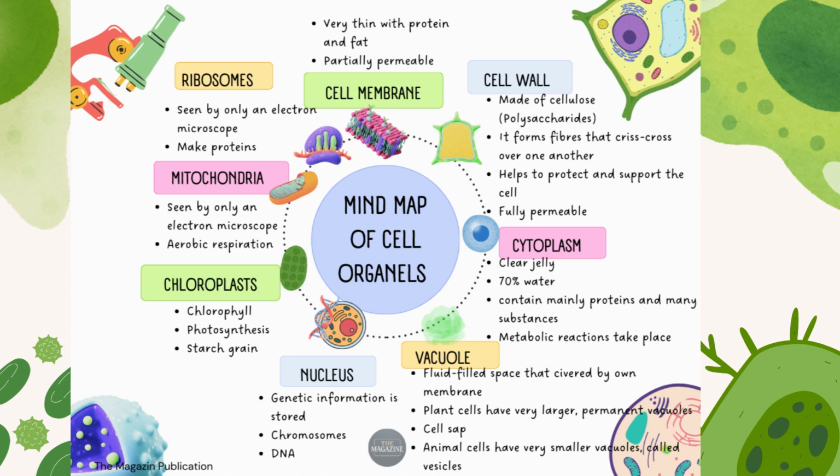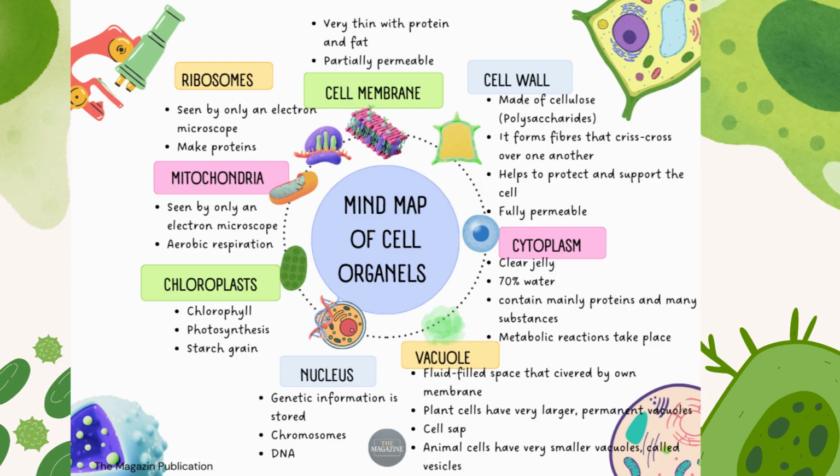This helps to bear the cell, and if there is a higher amount, the whole space of the cell is taken up by the vacuole. Plant cells have very large permanent vacuoles, but the animal cell has vesicles, which are very small.